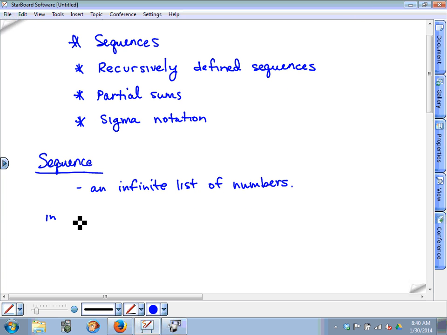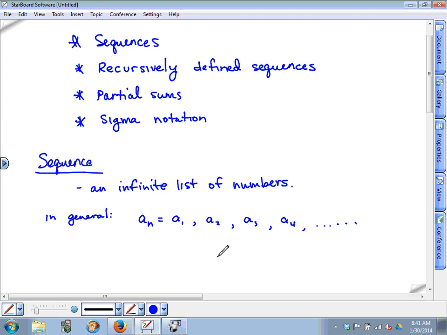In general, okay, so in general means we're not going to use specific numbers, we're going to use some abstract here. A sub n is equal to a sub 1, comma, a sub 2, comma, a sub 3, comma, a sub 4.